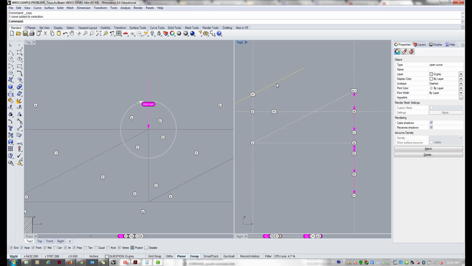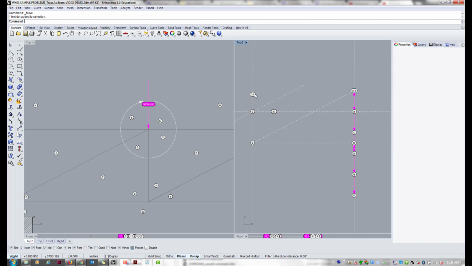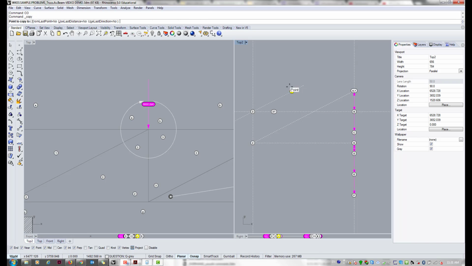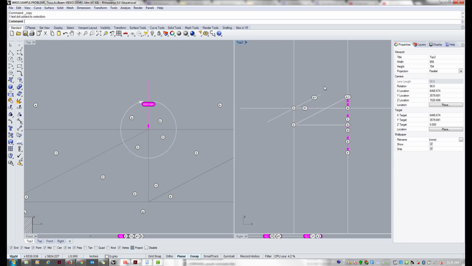And now that's going to help us locate this diagonal line, which had point 4, right? Somewhere along that diagonal line.